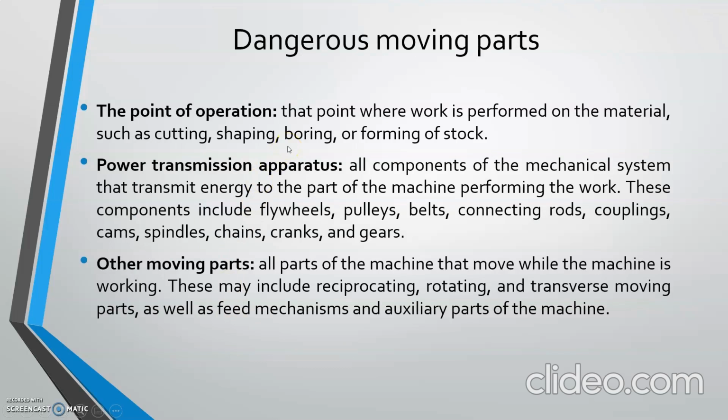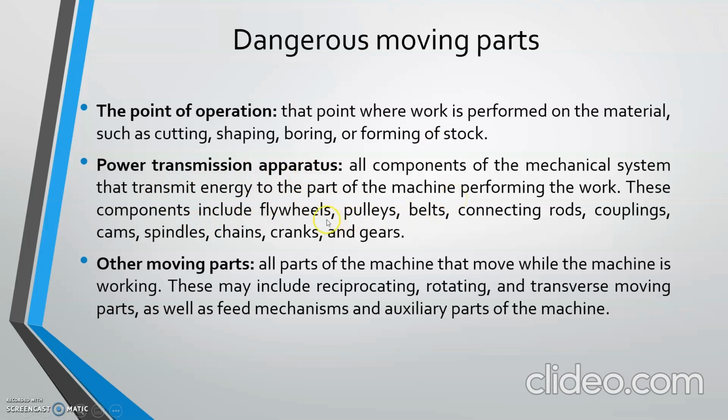So machine usually have dangerous moving parts that can be classified into three points here. Okay, first, the point of operation. So during the operations, where work is performed on the material such as cutting, shaping, or forming of stock. The second one is power transmission apparatus, which is all components of the mechanical system that transmit energy to the part of the machine performing the work.